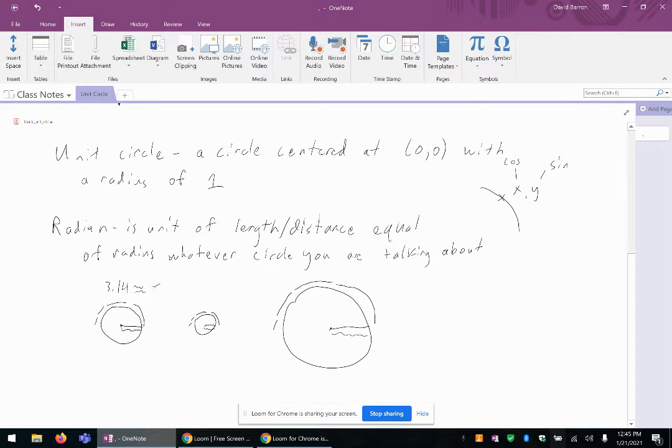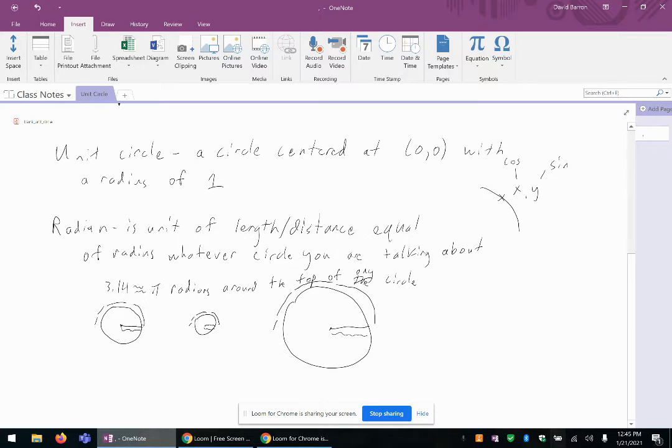We abbreviate that by pi, 3.1415926, pi radians around the top of any circle.